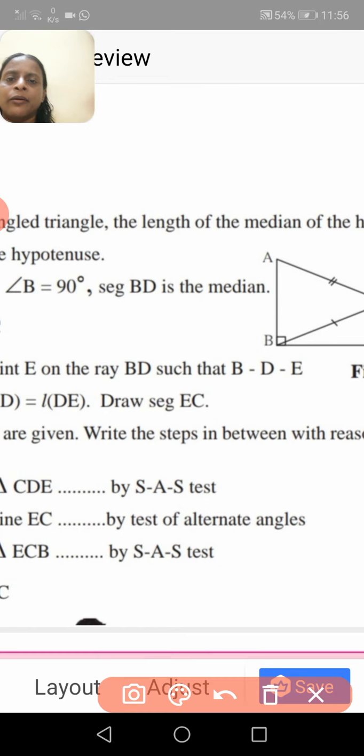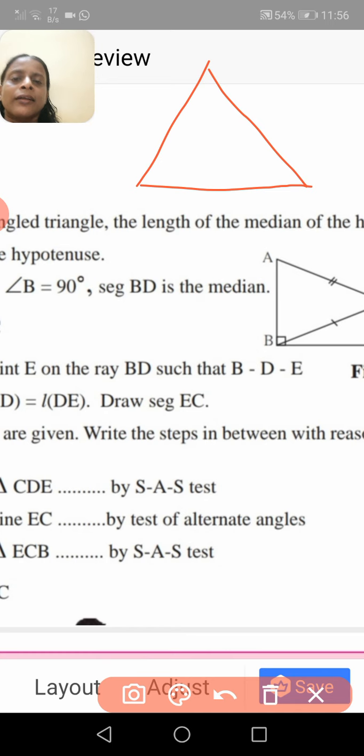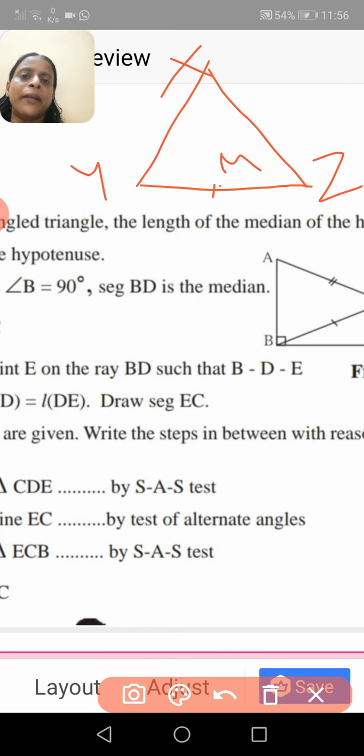I will draw one figure and I'll explain what is the concept of median. So here triangle XYZ I have drawn. Then suppose this point M is the midpoint of the side YZ. Then if I join X to M, then the line segment XM is known as the median.